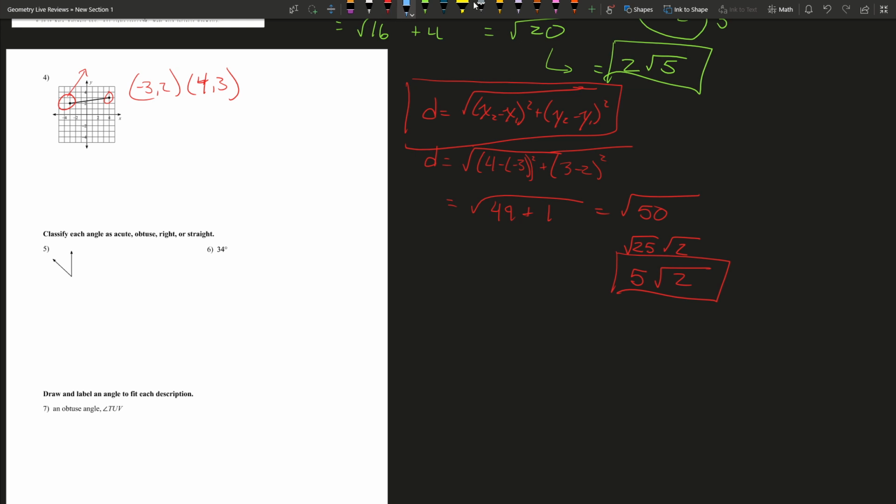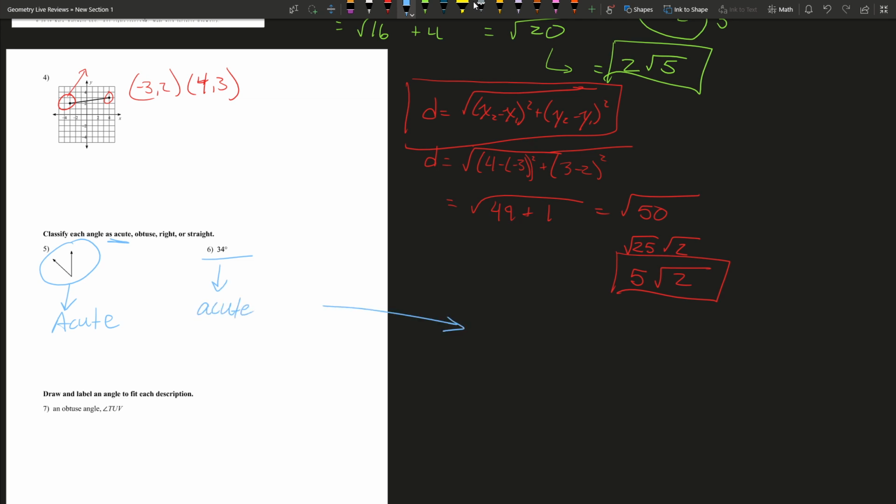5 and 6 classify each angle as acute, obtuse, right, or straight. Acute angles are angles that are less than 90 degrees. This is acute. 34 is also less than 90 degrees, so this is also acute.